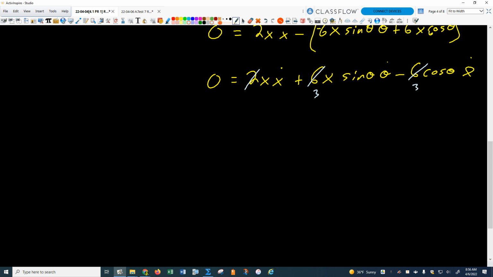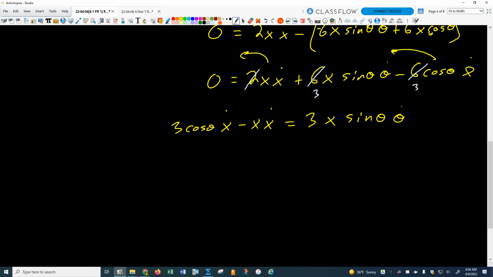Okay. So then we'd end up, if I push these terms over to the other side, I'm going to get a positive 3 cosine theta x dot minus x dot equals 3x sine theta, theta dot, right?